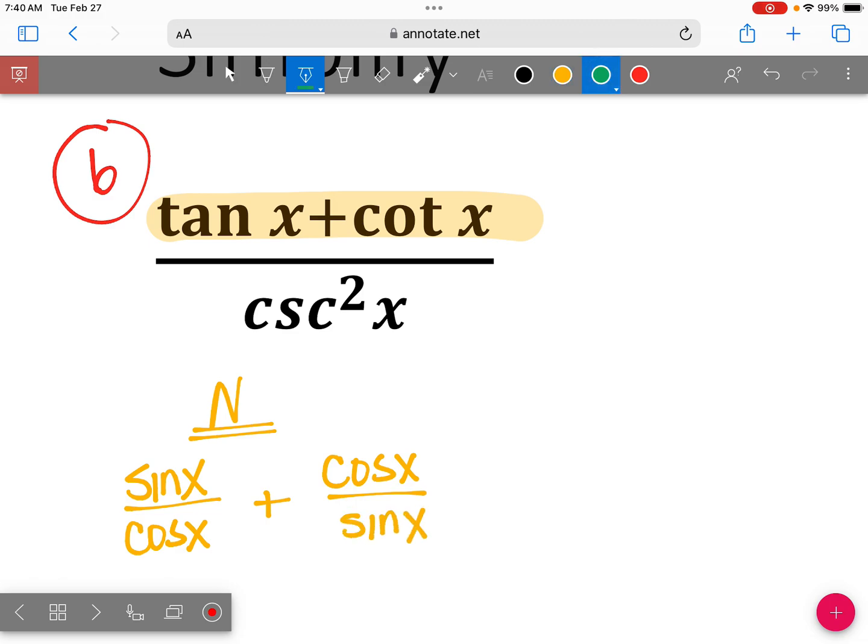And I like to bring this back to if this were 3 over 4 plus 4 over 3, you don't have to write this down. I'm adding two fractions, right? I would have to multiply this fraction by what? By 3. And then I would have to multiply this fraction by 4.